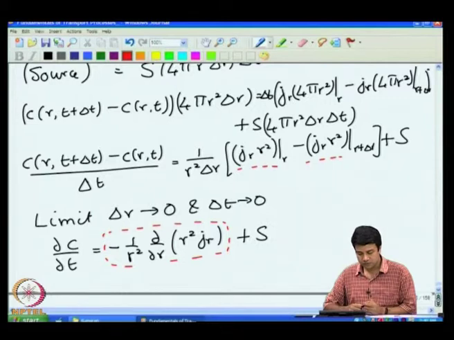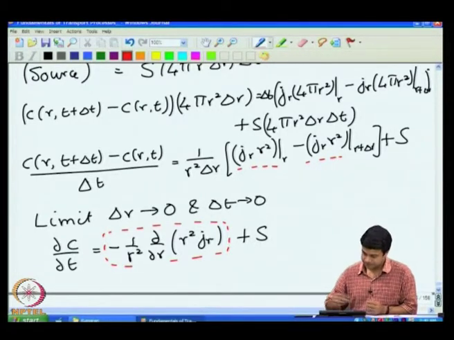I have minus 1 over r square d by dr of r square times J r. It is because in a spherical coordinate system, surface area is proportional to r square, where r is distance from the origin. In a cylindrical coordinate system, surface area is proportional to r. That is why I had 1 over r d by dr of r times J r.